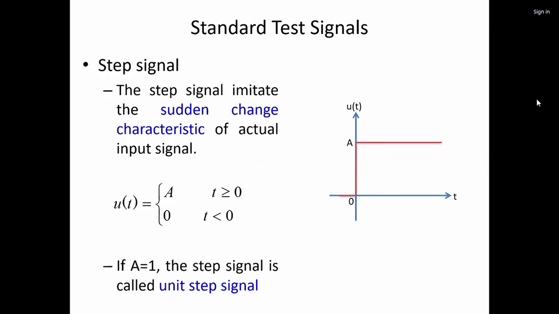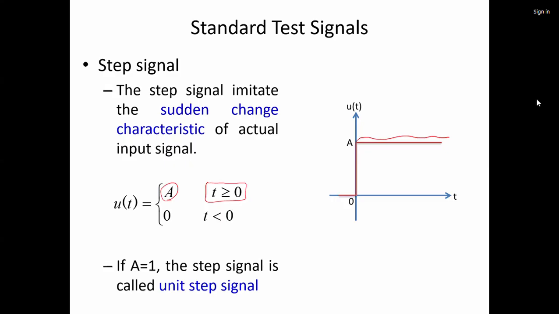Similarly, you can talk about a step signal. A step signal is different from an impulse signal. In an impulse signal, you had a non-zero value just at t equal to 0. But in a step signal, you have the input as some A for time t greater than or equal to 0. For the entire time journey, your value is non-zero.